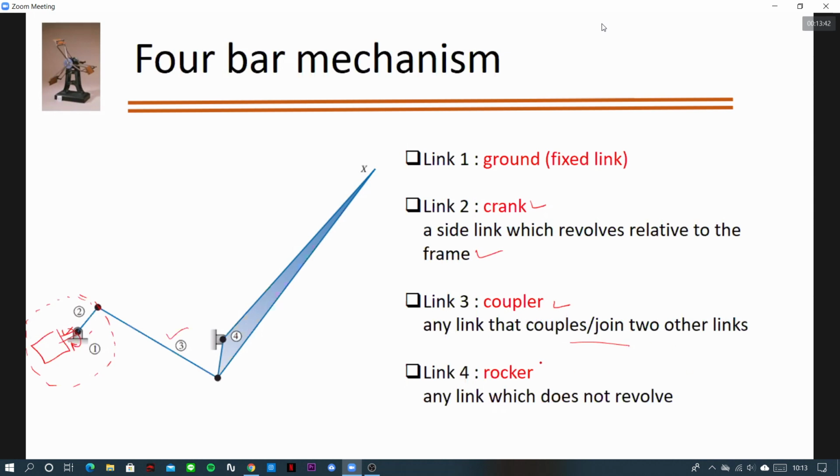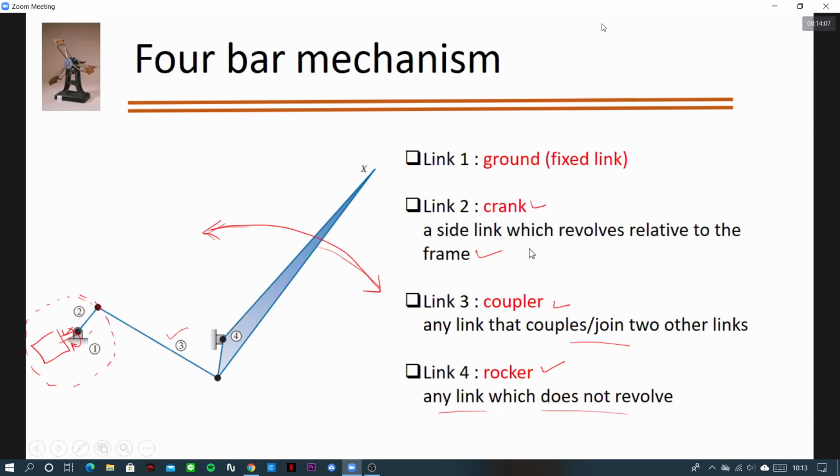And then we have a rocker. Okay, so any link which does not revolve. When you see this mechanism, you will see it is not completely rotating. It's actually making some oscillatory motion. So it will go till here and then stop, then it will come back over here, stop and come back. So it oscillates. Okay. And that's why it's called a rocker.